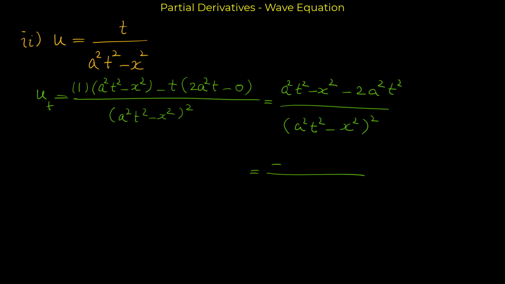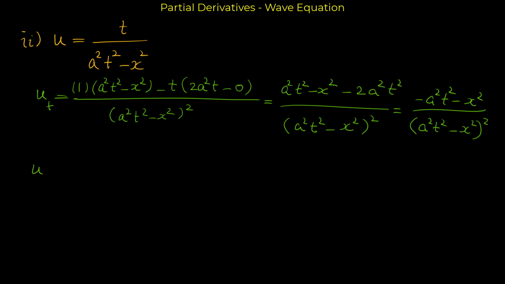So this equals negative a²t². Let me write it here: negative a²t² minus x², all over (a²t² minus x²) to the power of 2. The bad news is that we have to find the derivative of this again with respect to t.